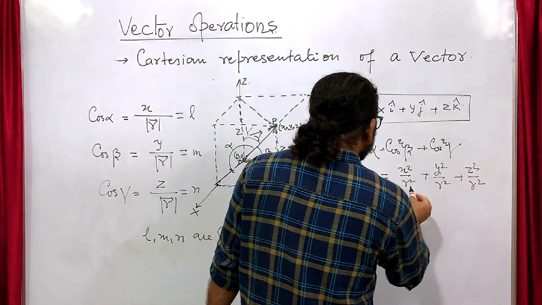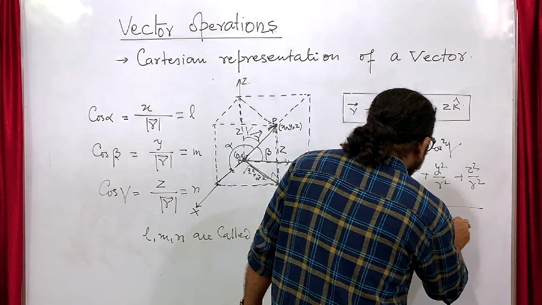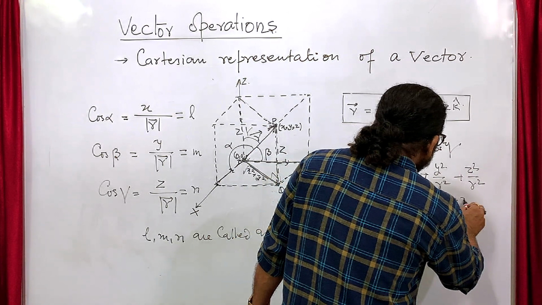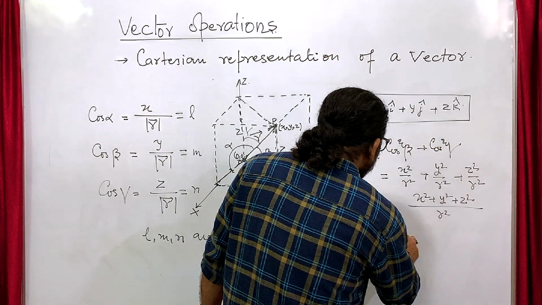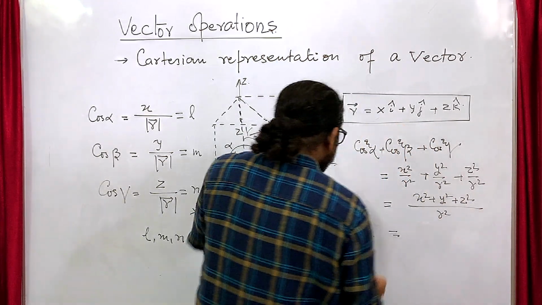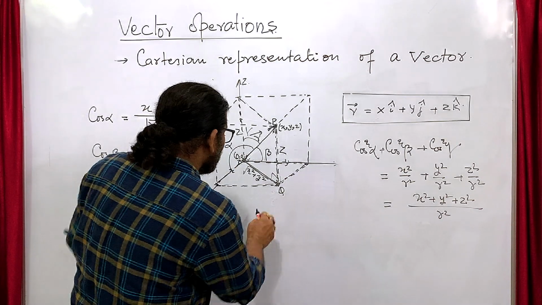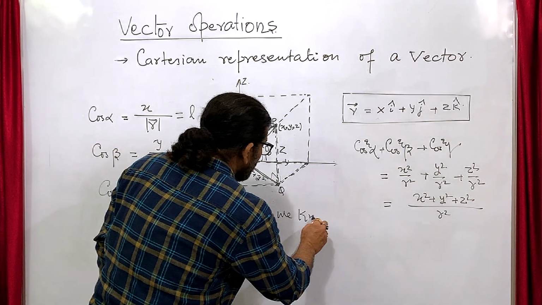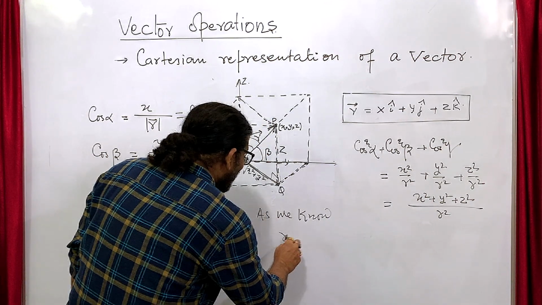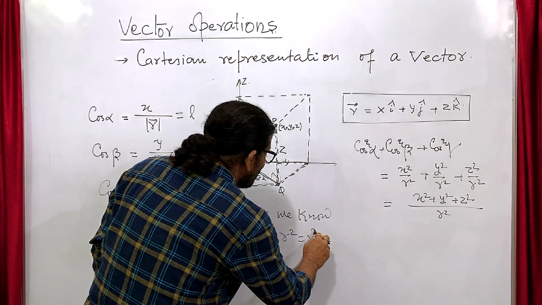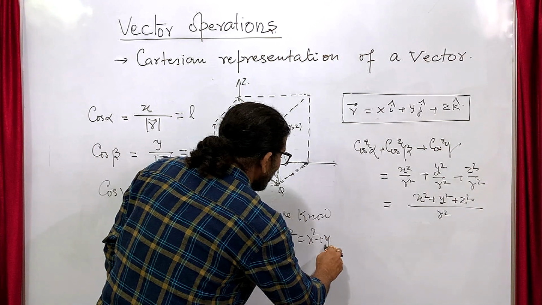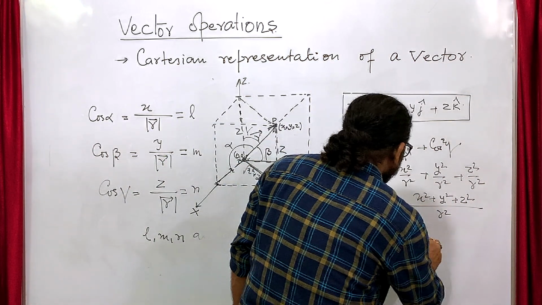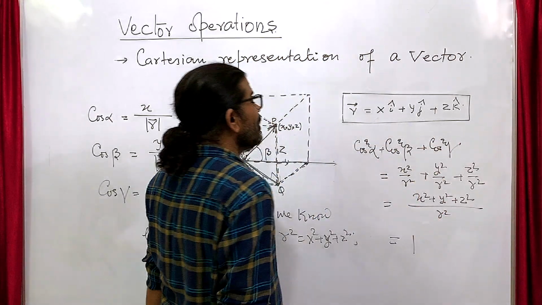This equals r square over r square, and as we know r square is equal to x square plus y square plus z square, this will be equal to 1.